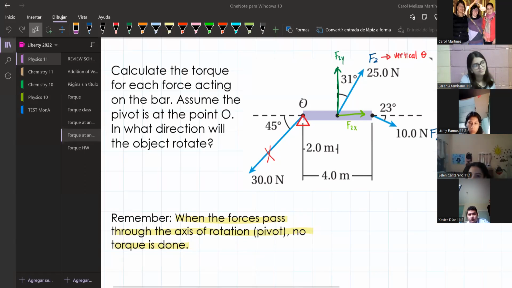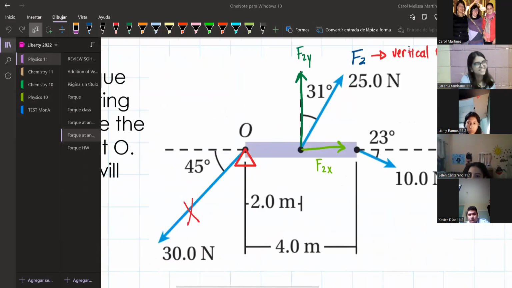Of the two components in force 2, which one is not doing torque? F2x. Okay, I'm not going to use it. Because I'm not going to use it, I'm going to erase it because it's not doing torque.